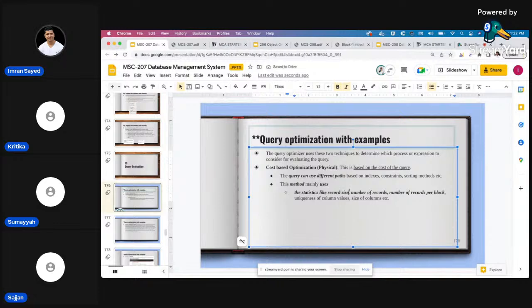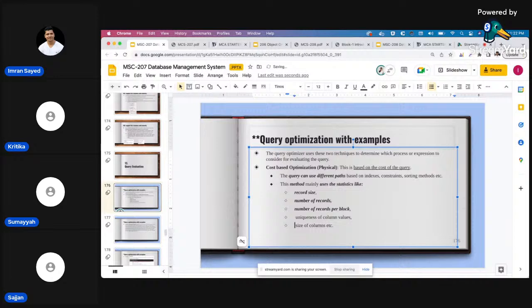Statistics like record size, number of records per block, uniqueness of column values, size of columns, etc. That's it. Okay, so that was like too much.